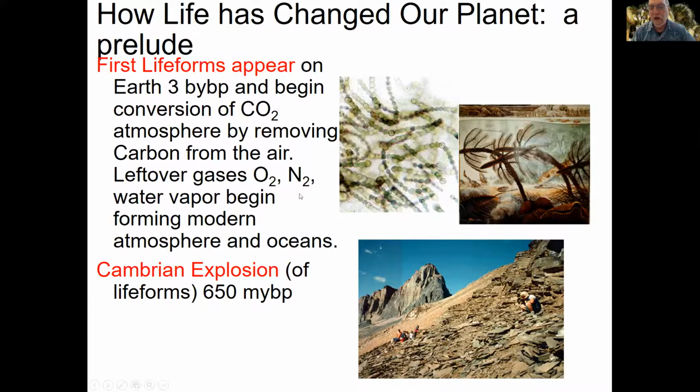The leftover oxygen totally changed the original Earth atmosphere, and gave rise to other forms of evolution. And so about 650 million years ago was the beginning of the Cambrian explosion of life. So multicellular life. So the early life on the planet was all single-celled organisms, bacteria, and eventually green algae.